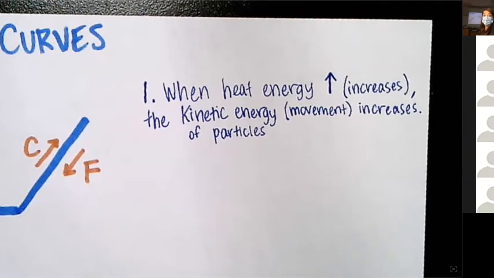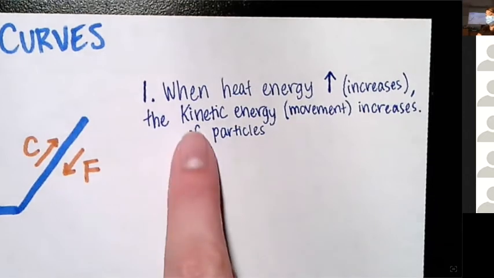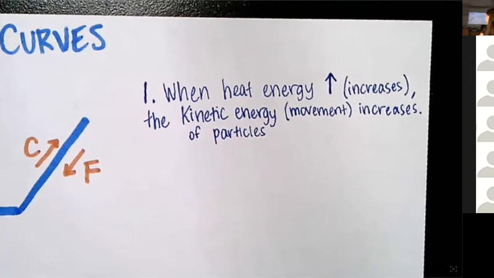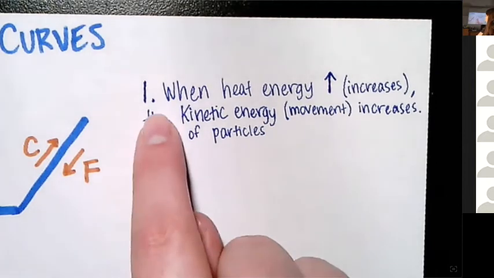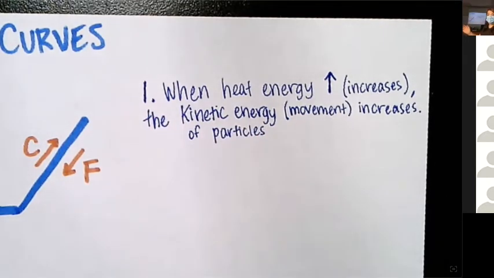Or a better example, you're locked out of your house in the middle of the summer. You start really trying to get to work to find a way into your house, the hotter it gets, the longer you're outside. So what happens here is when you're increasing heat energy, then the kinetic energy, which is just movement, the motion is going to increase.